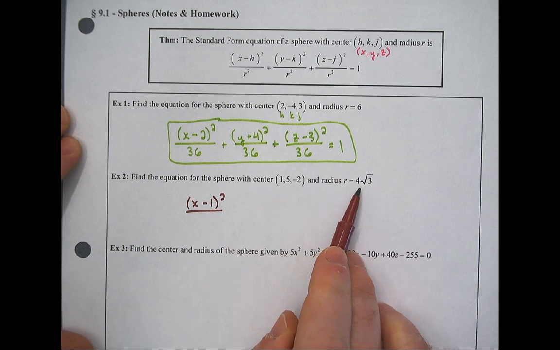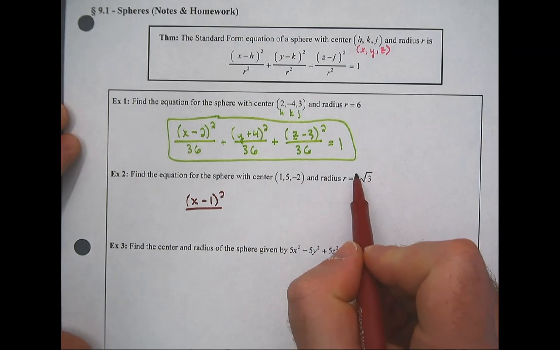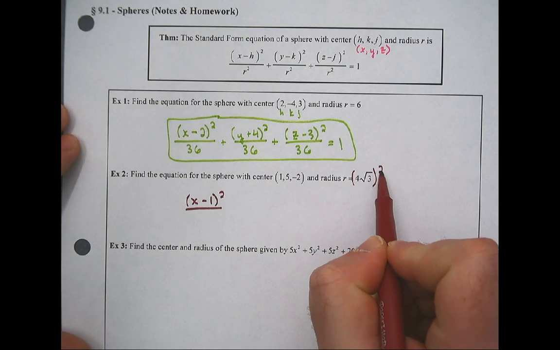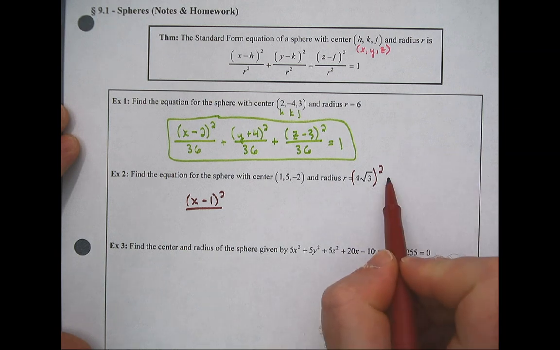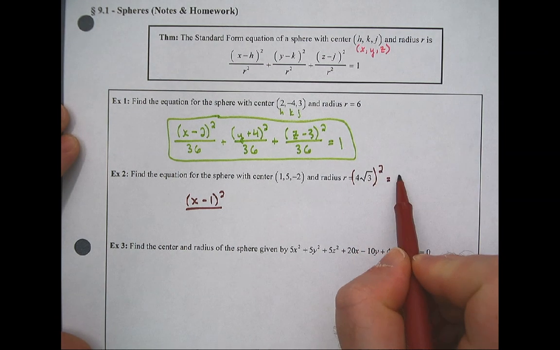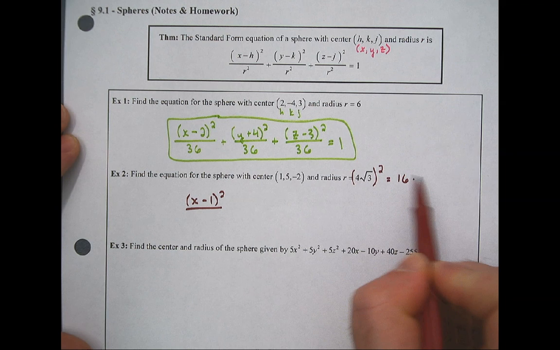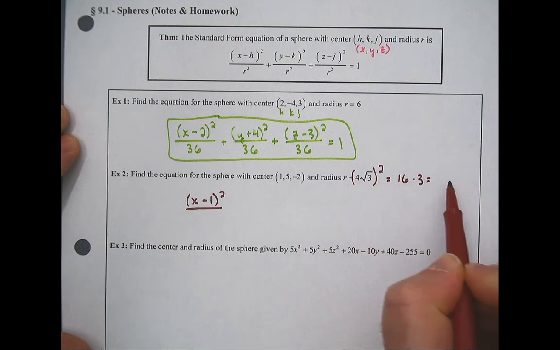Now, this is where it takes a little bit of work. You're squaring 4√3. That means I'm going to square both of them. 4 squared would be 16. Square root of 3 squared would be 3.